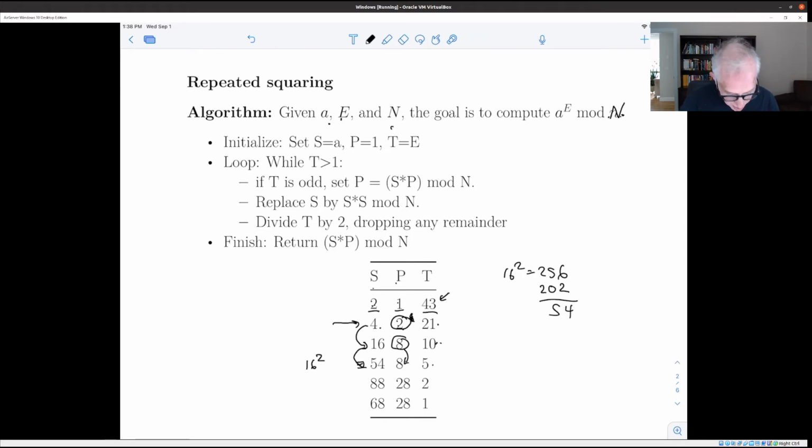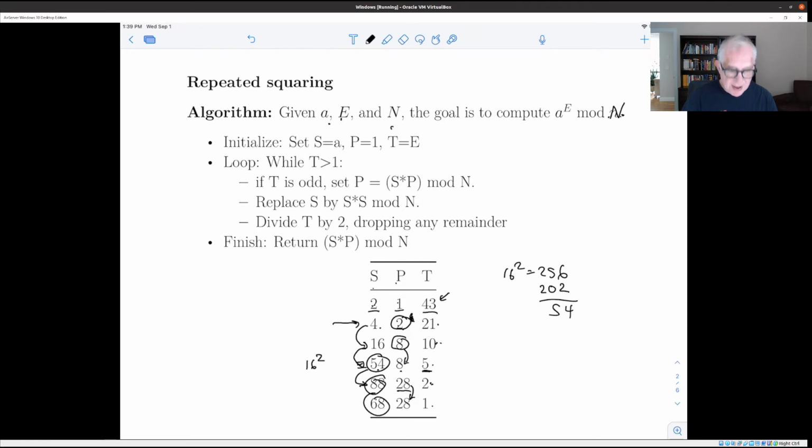Now this is odd. It's 5. So you multiply 54 times 8 mod 101, and that turns out to be 28. You square 54, and you get 88 mod 101. And you divide the 5 by 2, dropping any remainders, and it becomes 2. Now this is even, so you just copy P down. You square the 88 to get 68.